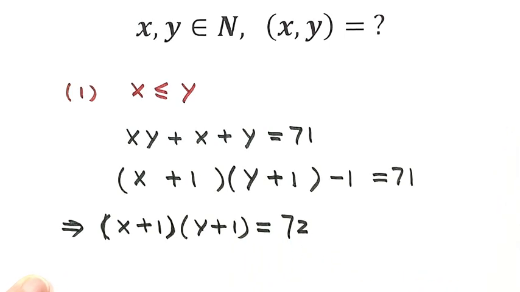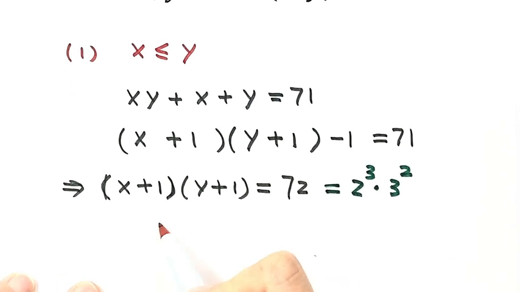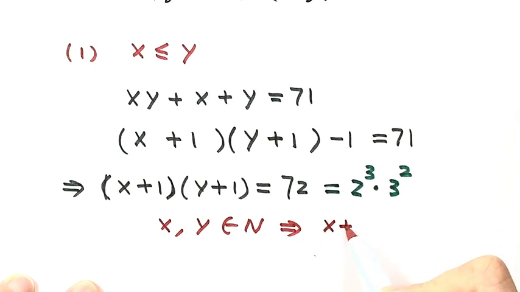Now let's prime factorize 72. That's 8 times 9, so 2³ times 3². Because x and y are positive integers, x + 1 and y + 1 must both be bigger than or equal to 2.